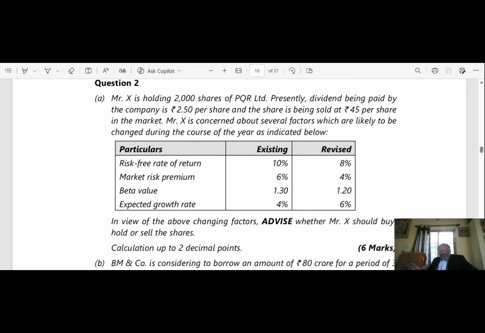RF plus beta into RM minus RF. If I see here, 4 into 1.3, 5.2 minus 4 plus 10, 11.2. Okay, 11.2. 4 into 1.20 minus 6, 1.2.